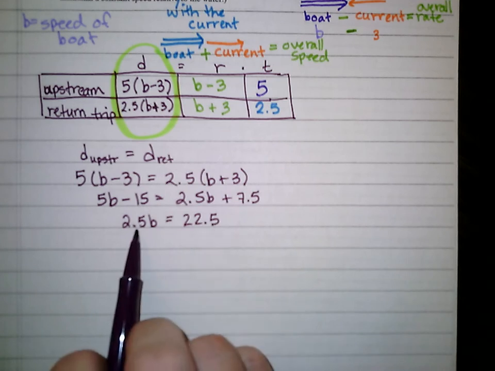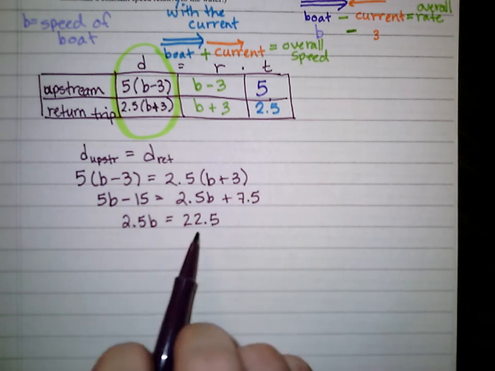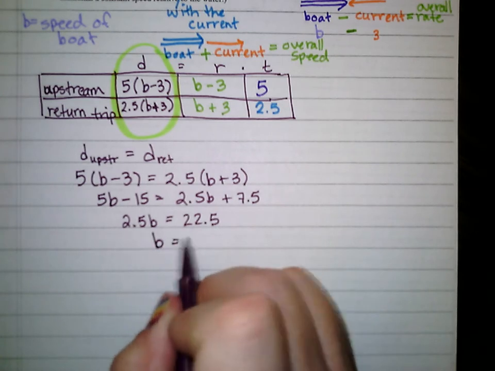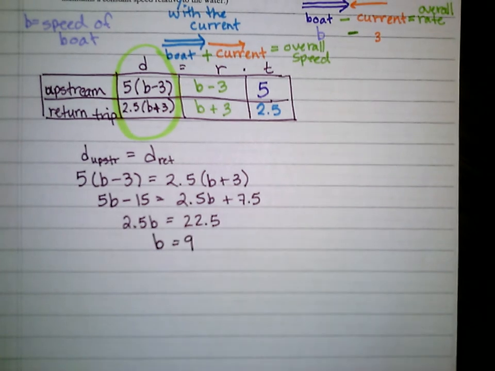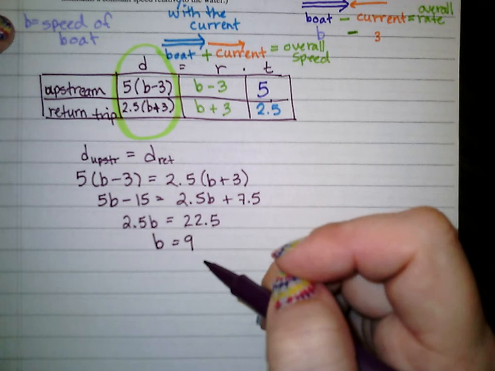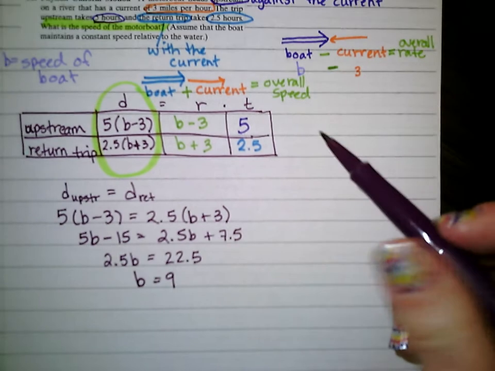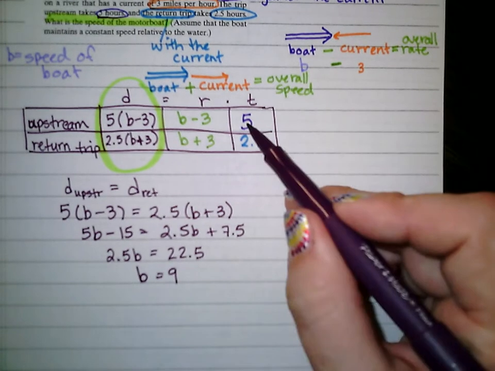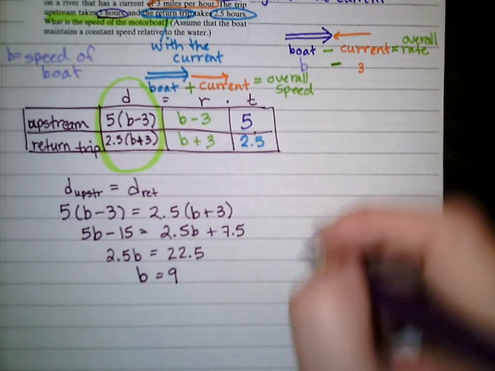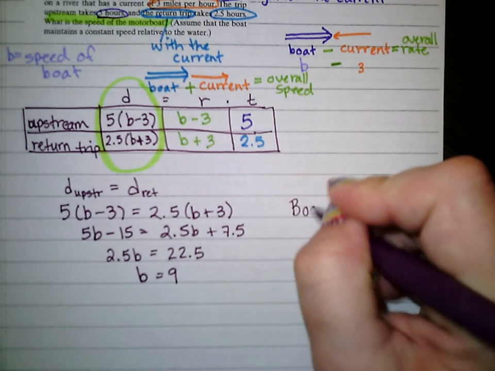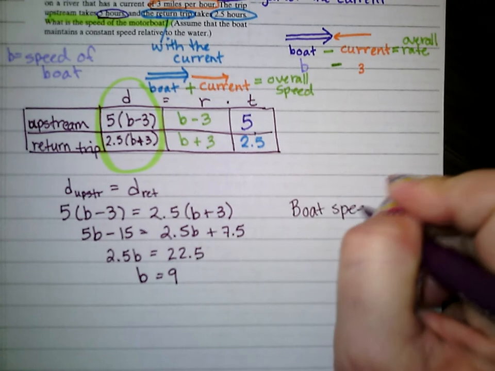See, 2.5 times 4 is 10. So there's 9 of them. So B will equal 9. Then we know B is the speed of the boat. And since everything is measured in hours and miles per hour, we can say that the boat speed is 9 miles per hour.